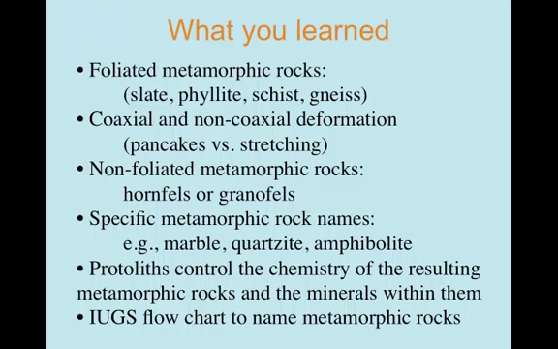I told you about non-foliated metamorphic rocks, giving them a name of hornfels or granofels. We talked about specific metamorphic rock names like marble, quartzite, and amphibolite, and how the protoliths really control the chemistry of the resulting rock and the minerals that are within them. And then I gave you the IUGS flow chart that may help you to name metamorphic rocks as you learn how to do this.